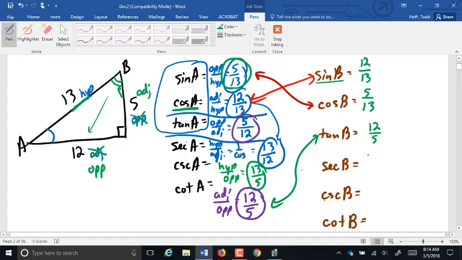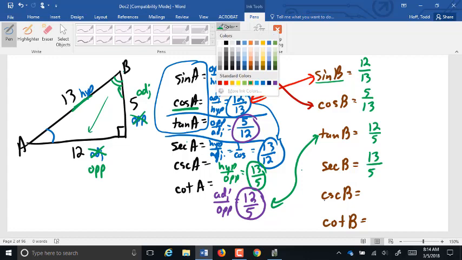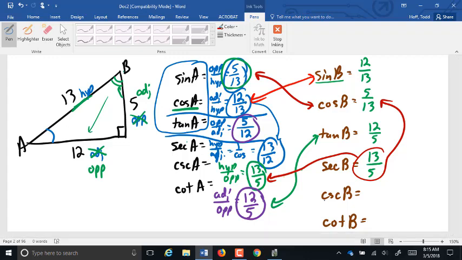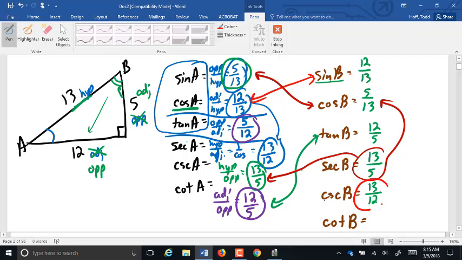Secant of B. Secant is hypotenuse over adjacent, 13 over 5. Now there's two relationships here. You'll notice that's the reciprocal of the cosine, but also that is equal to the cosecant of A. Cosecant of B. Cosecant is hypotenuse over opposite, 13 over 12. Now again, you notice that is equal to the reciprocal of the sine.